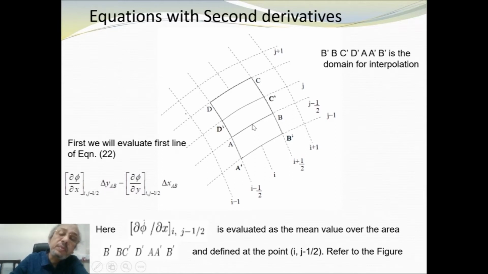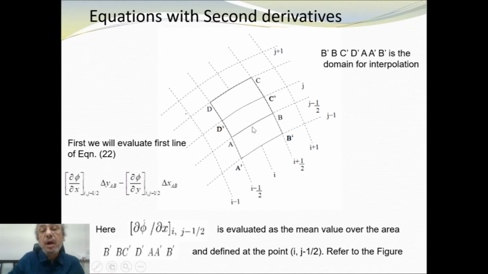Del phi del x we multiply with the vertical distance between points A and B, and then we find del phi del y here and multiply it with the horizontal distance between A and B.